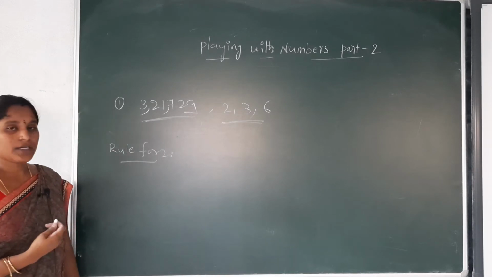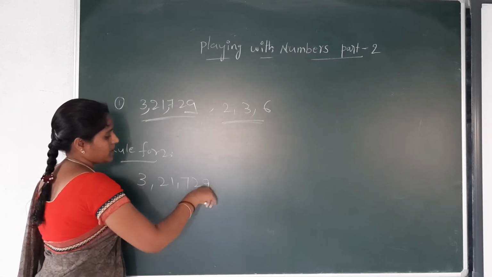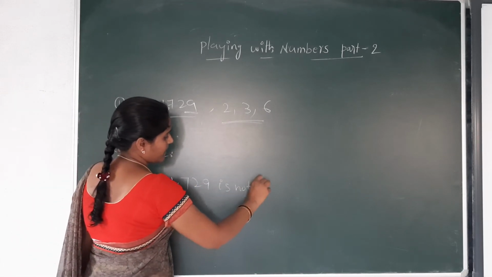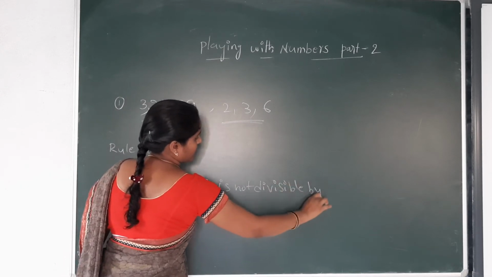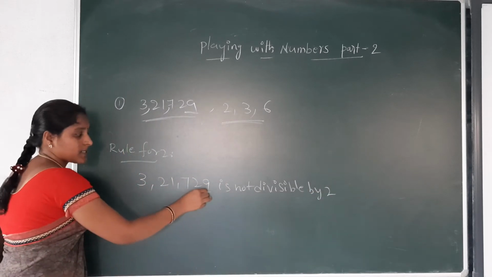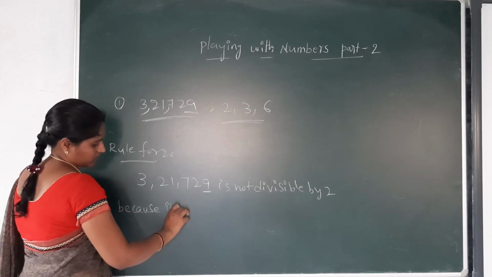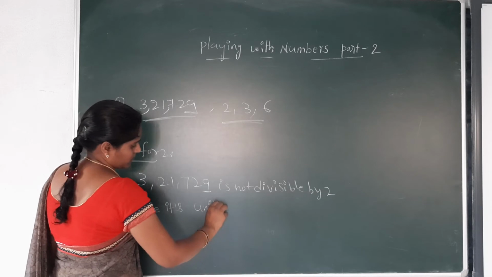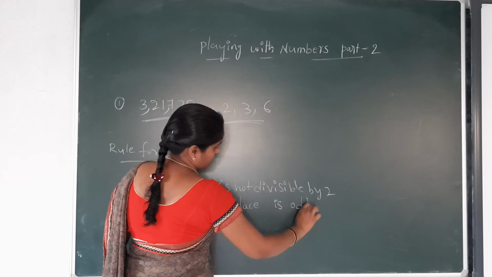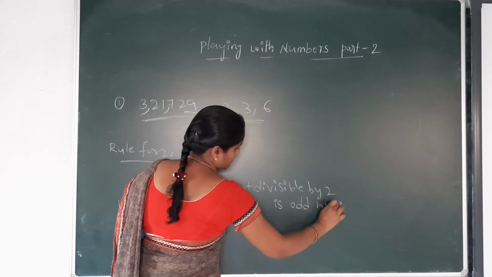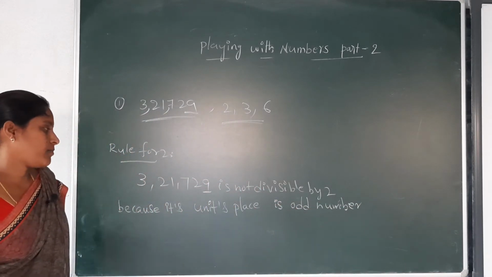No. So it is not divisible by 2. 3,21,729 is not divisible by 2 because its units place is an odd number.